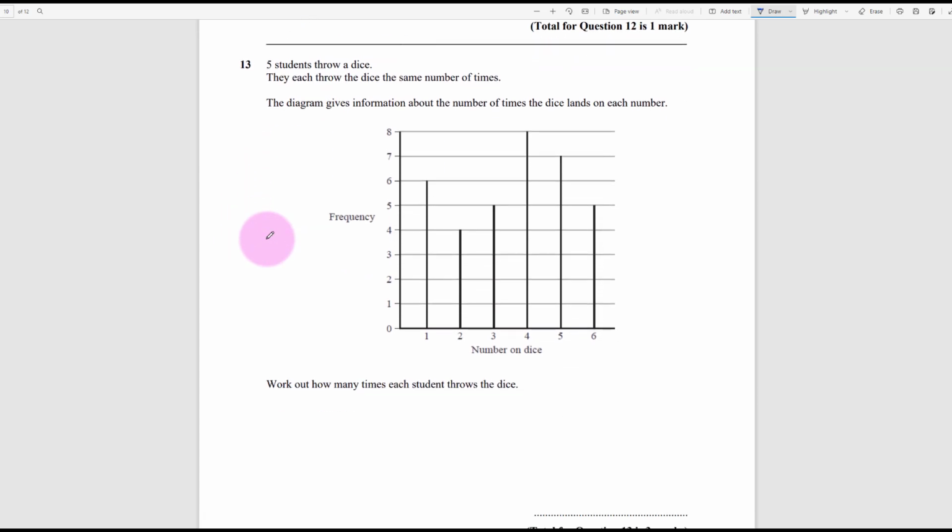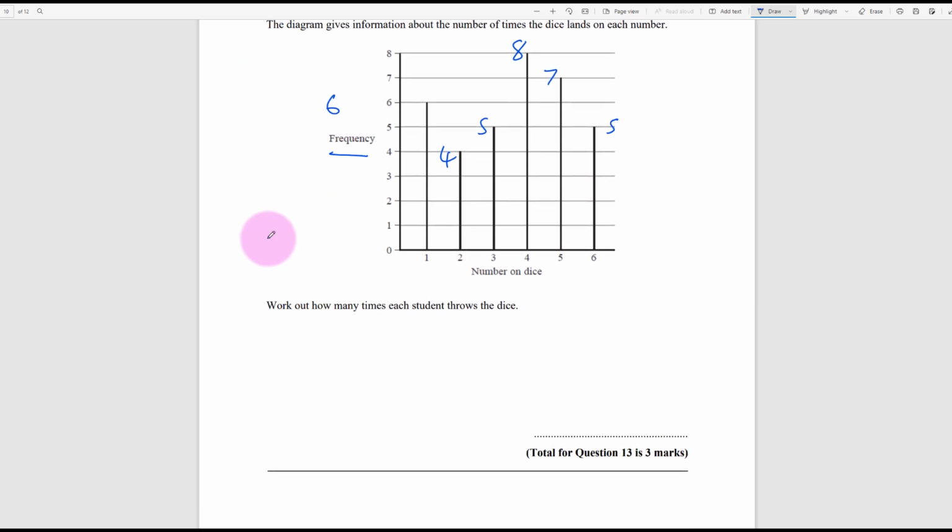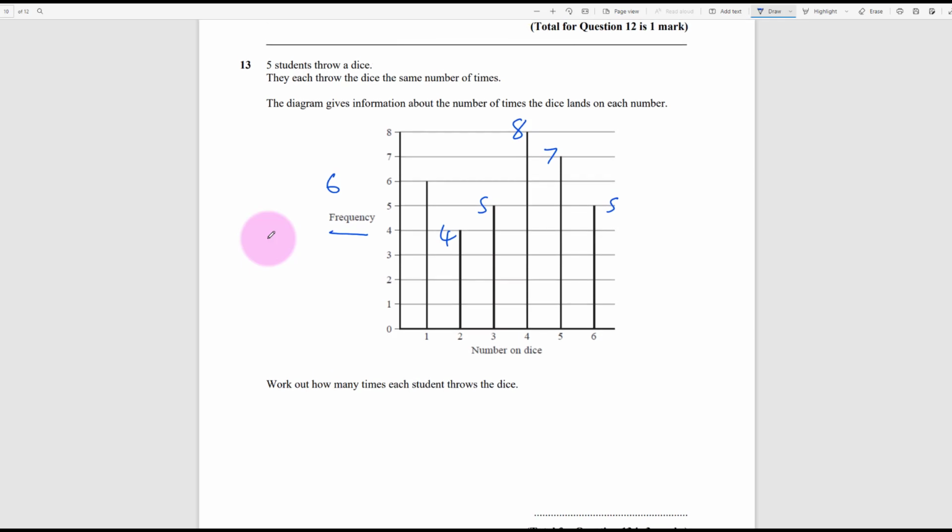Work out how many times each student throws the dice. That's your frequency. There's 6 here, 4, 5, 8, 7 and 5. Right, so we have to add all that up first.